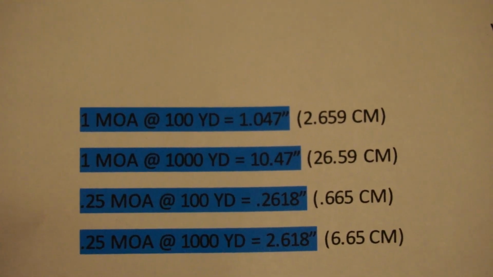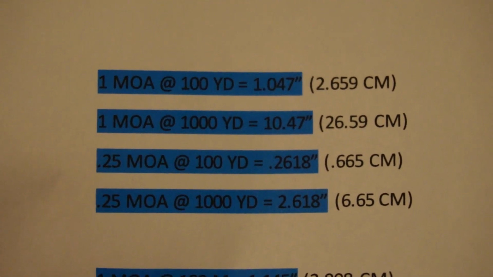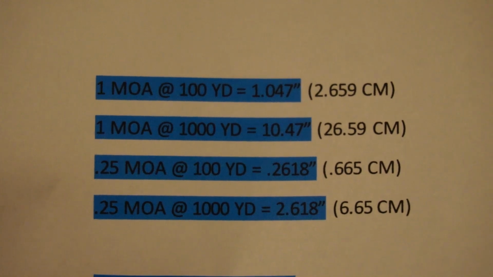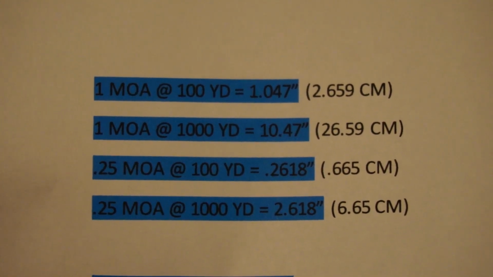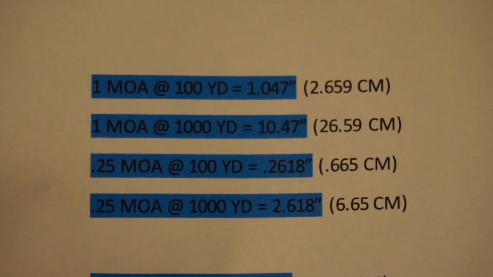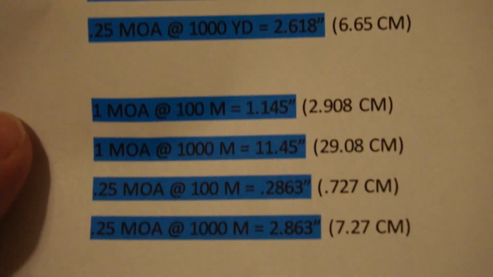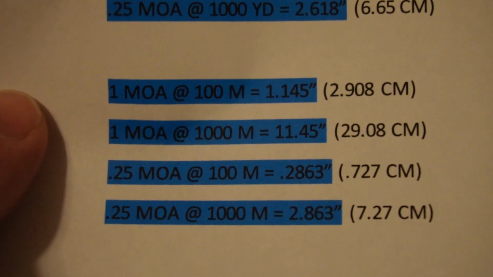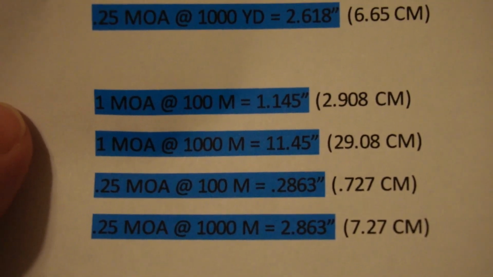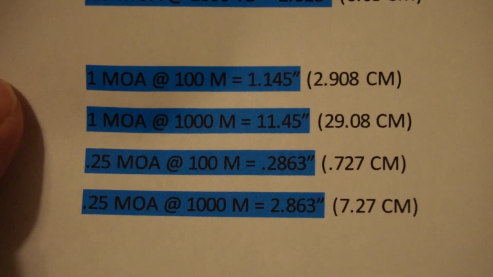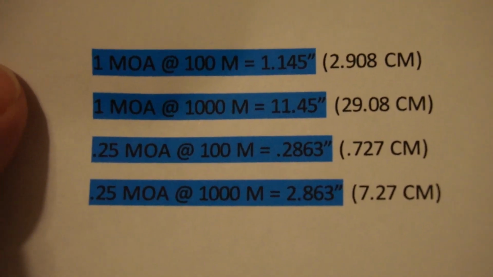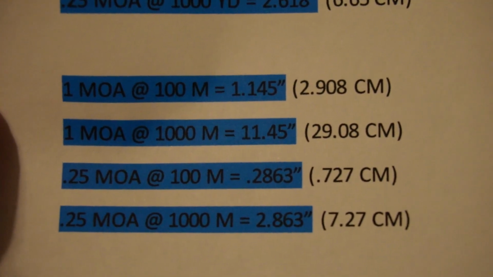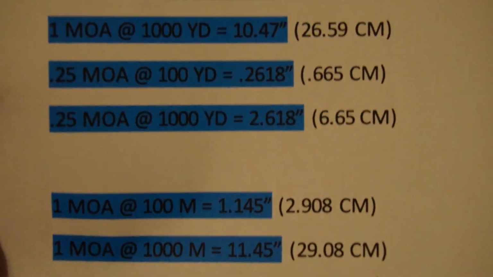I'm super used to doing the math using these values, so it doesn't really bother me. But the more I use mils, the more I realize that this system kind of sucks. And if you wanted to use minutes of angle at meters, it gets even worse. I would not use minutes of angle with measuring my range in meters. It just doesn't make any sense at all, and it gets even more complicated.